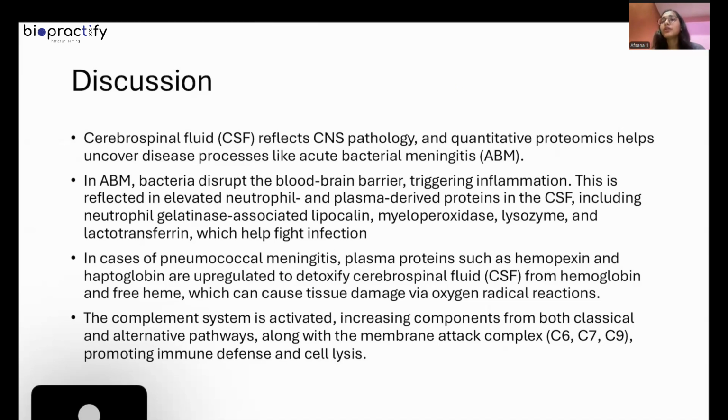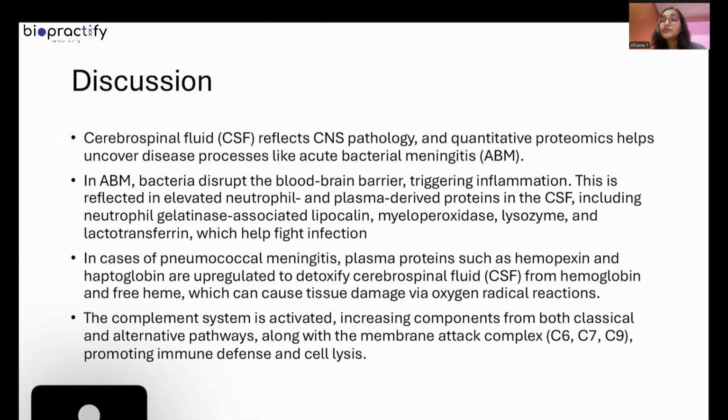Due to this, the immune system gets activated and neutrophils, macrophages, and different lymphocytes enter the brain. The mass of immune cells triggers inflammation, and these immune cells start fighting the infection. Apart from the immune cells, there are proteins like lipocalin, myeloperoxidase, lysozyme, and lactotransferrin. They also help to fight the infection.